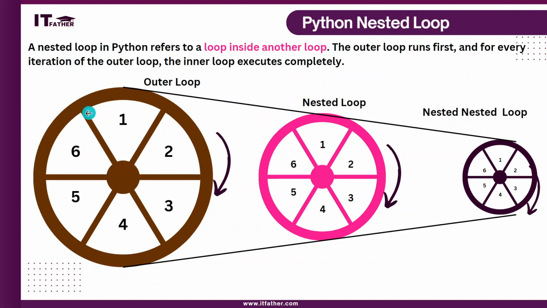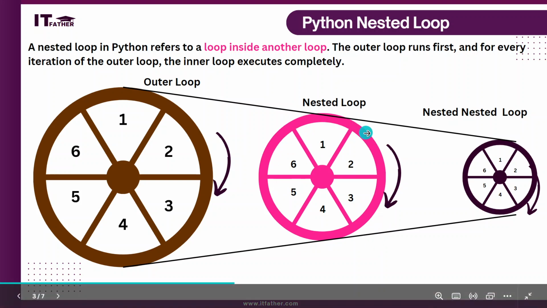Now if the outer loop is executed only one time, then for this one iteration of the outer loop, this nested loop will take a complete 6 iterations. If this loop is running from 1 to 6, then it will take one complete cycle, meaning 6 iterations will be taken by this nested loop.